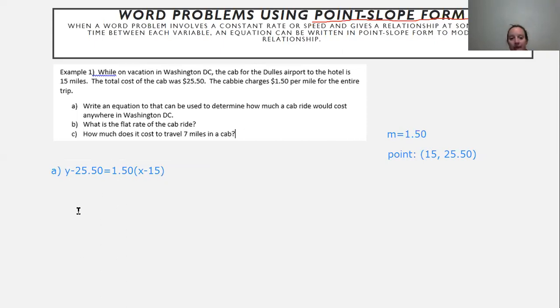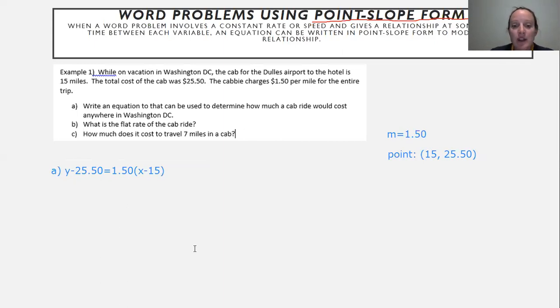Okay? So now it says, what is the flat rate of the cab? So the flat rate of the cab is really the y-intercept, meaning you don't even go anywhere. You go no miles, but you sit in the cab. How much do you owe the taxi driver? Okay, so let's talk about this one. How do we figure that out?